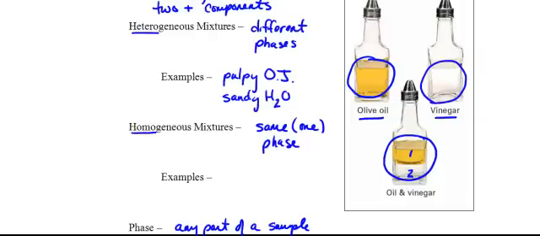For example, if you scoop up some water from Lake Erie, you're going to have sand and dirt and different things floating around in there, and you can actually see those things floating around. As opposed to a homogeneous mixture, which has the same phase: tap water. When you get water from the tap, hopefully it's just clear. If you have stuff in there, well, you might need to check something. But tap water has minerals, it has a bunch of stuff in there, but you can't see it.